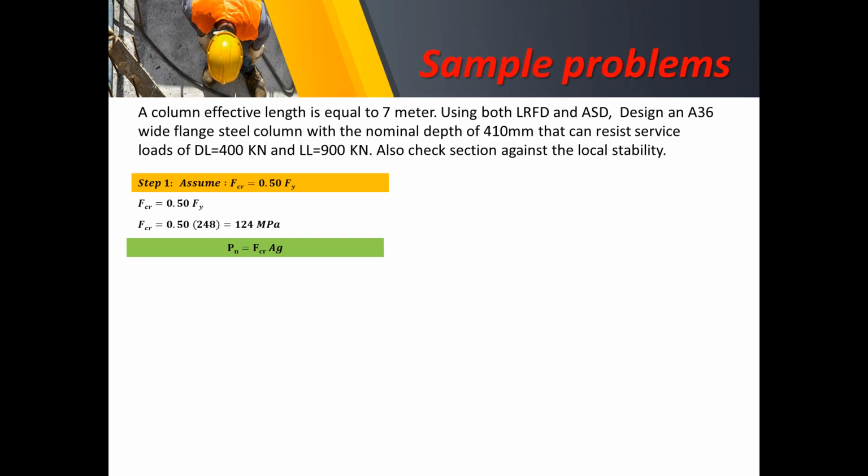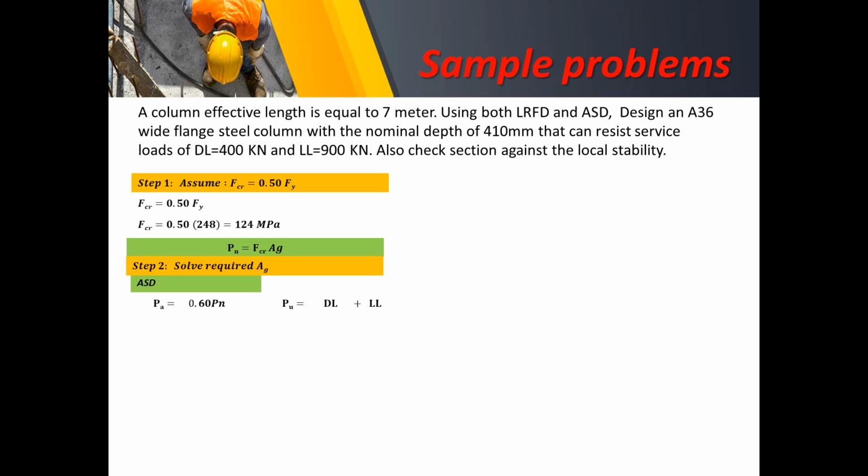Now, moving on to the ASD method. The first step is the same. Step 2, solve the required gross area. This time ASD will be in terms of the allowable load, 60% of your nominal strength Pn.